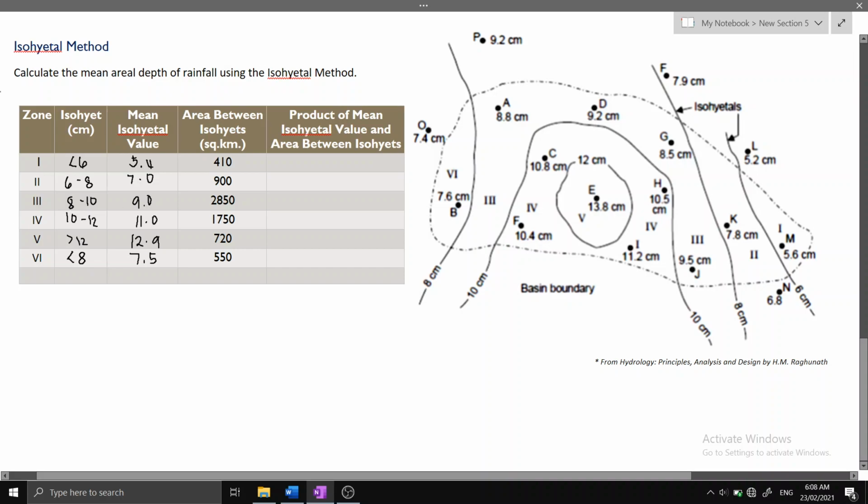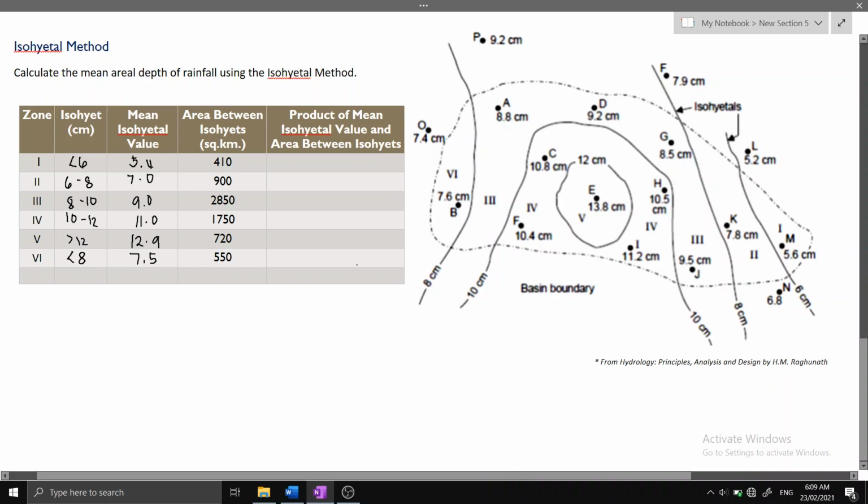But sometimes the mean isohyetal value is given in the problem, but usually it is taken as the average of the two successive isohyets.